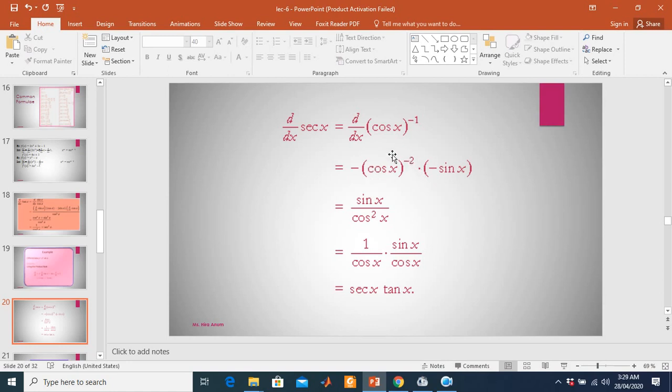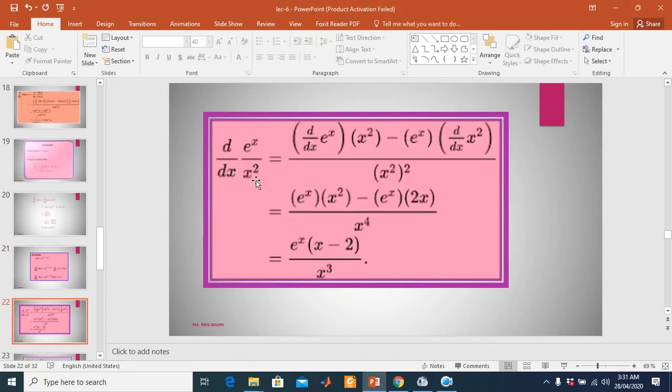Then we take the derivative of the inside function, minus sin x. Then it is sin x over cos square x. It becomes 1 over cos x times sin x over cos x, secant x tan x.